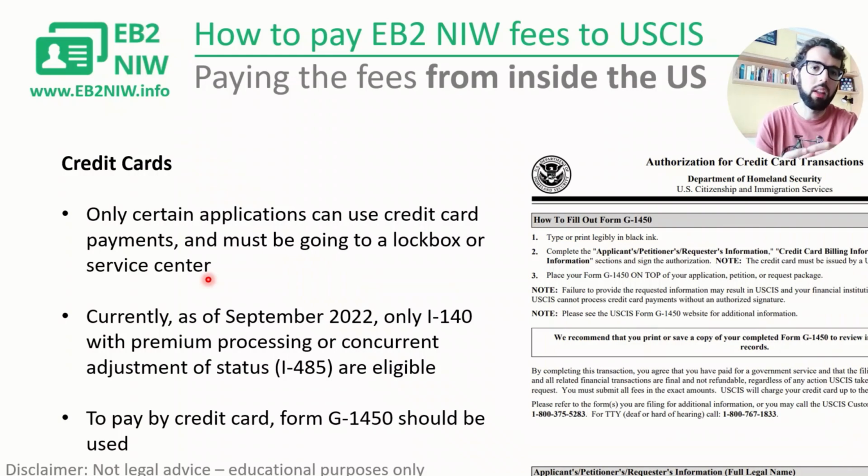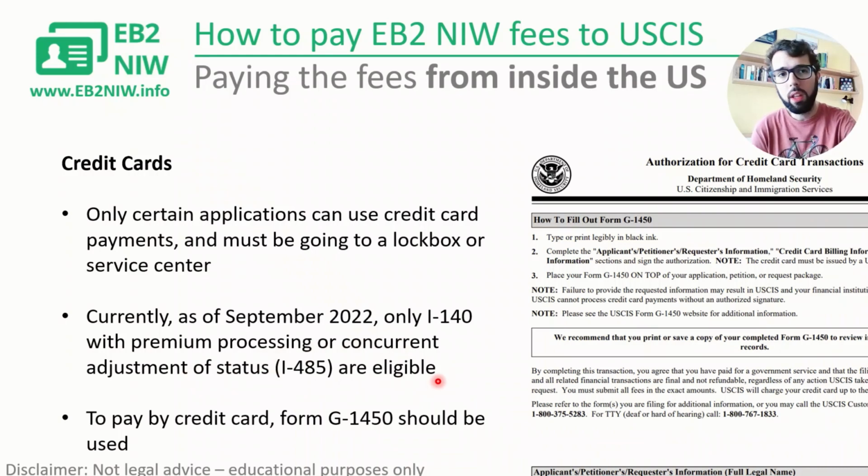And then if it is a lockbox or a service center, you may be able to use a credit card. Unfortunately, I already checked, and as of today, October 2022, only I-140s with premium processing or concurrent adjustment of status are eligible for this.